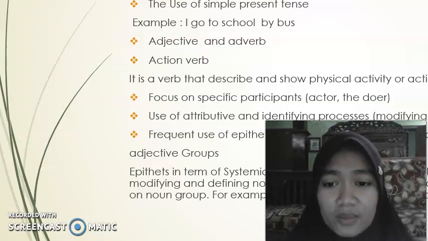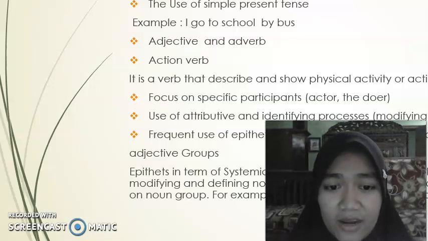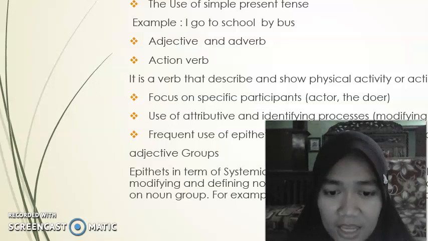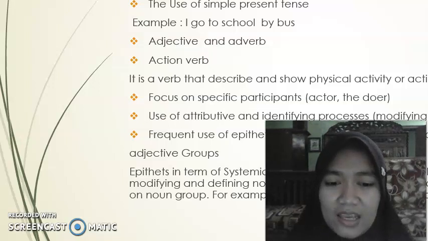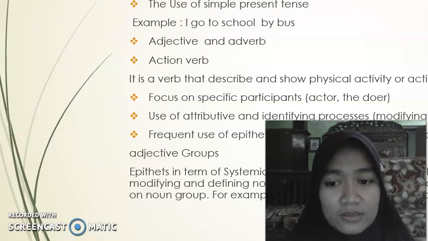And then frequent use of epithets and classifier in nominal group. Epithets means, in bahasa, mensifati kata benda. Dan classifier itu adalah mengelompokkan kata benda sesuai dengan part of speech. Jadi in nominal group.